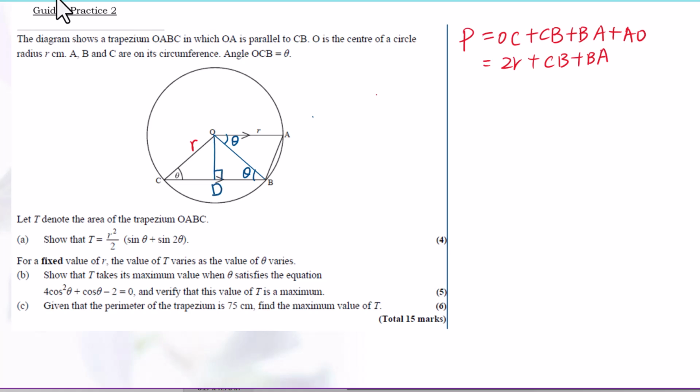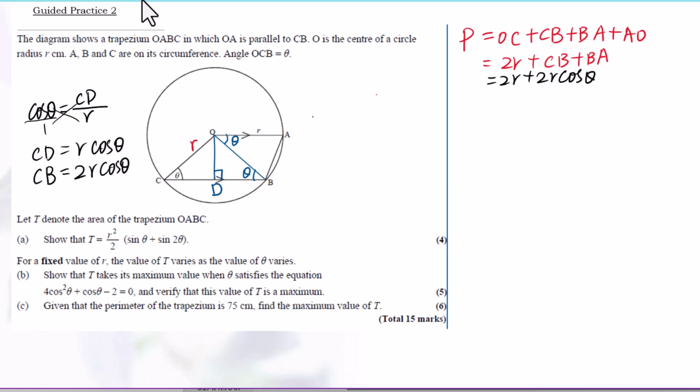Label this D. Using SOHCAHTOA, we know cosine theta equals CD over R. Cross multiply. CD equals R times cosine theta. CB will be double CD, 2R cosine theta.